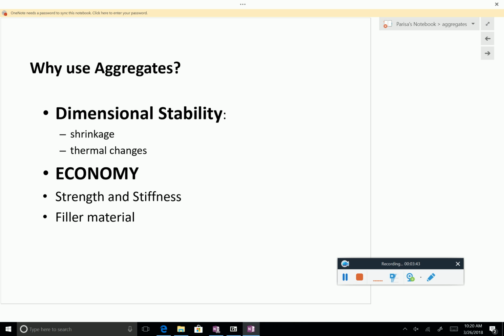They are strong, they can be used as filler materials, they have good shrinkage and thermal properties. So again here, font size is basically telling you how important each aspect is. So you have to remember that the most important aspect is economy.